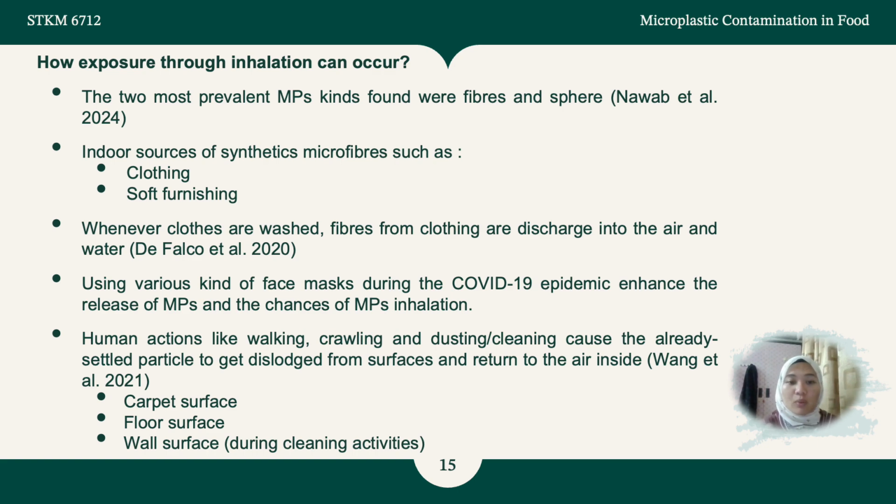Whenever the clothes are washed, fibers that come from the cloth or any soft furnishing are discharged into the air and water. So this is how fibers and spheres can get into our air environment. Another factor is the various kinds of face masks used during COVID-19, which can also be one of the factors.